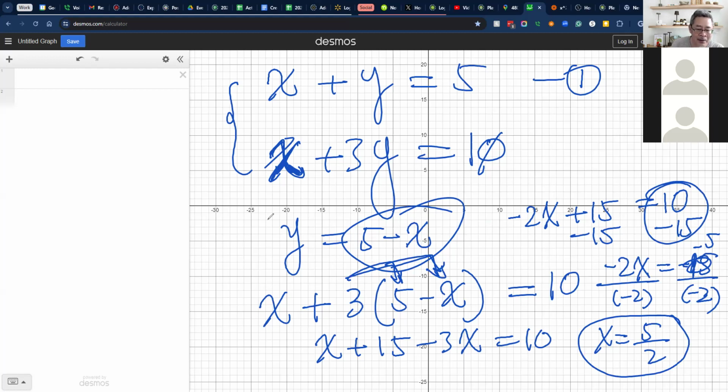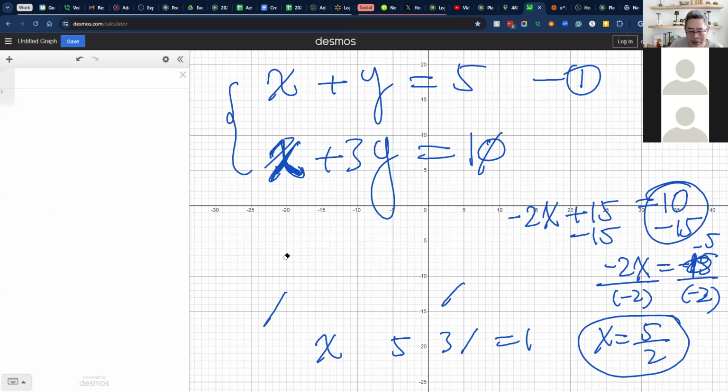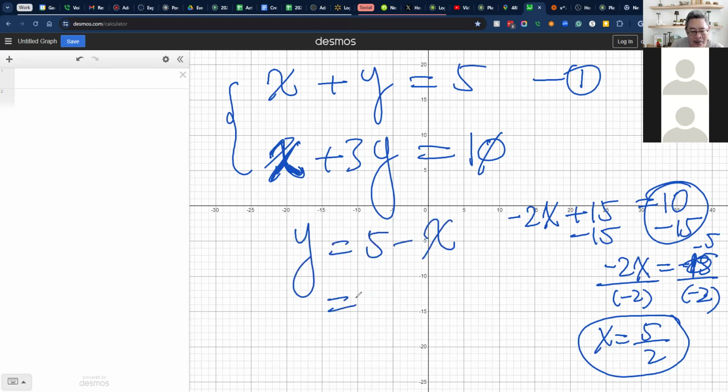That's why we practice on those problems, so that we are good with how to use those rules in algebra. Okay, so we got this one. Then we already know that y is 5 minus x. Then we just plug in that, so we got 5 over 2. Good. Yep. All right, very good.